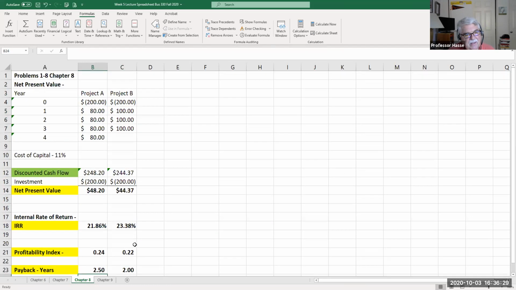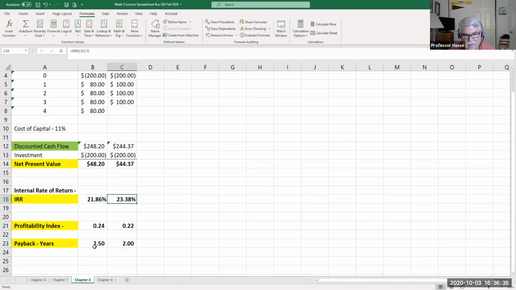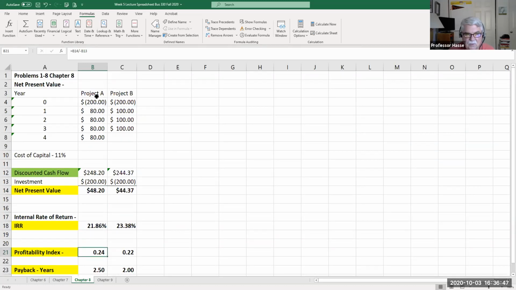So we get our money back quicker in Project B, thus the higher percentage return. We get our payback a little bit later in Project A, but we're making more money as indicated by the net present value and the profitability index. The quicker you get your money back is a little bit better than overall making more money, but some projects don't allow that.